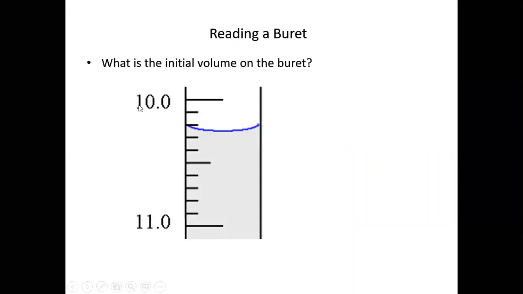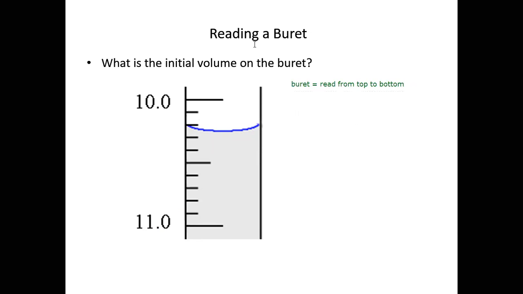Now another important piece of glassware that we use a lot in the lab is a burette. And the interesting thing about a burette is that you always read it from the top to the bottom. So in the graduated cylinder, you read it from bottom to top, but for a burette, you always read from top to bottom.